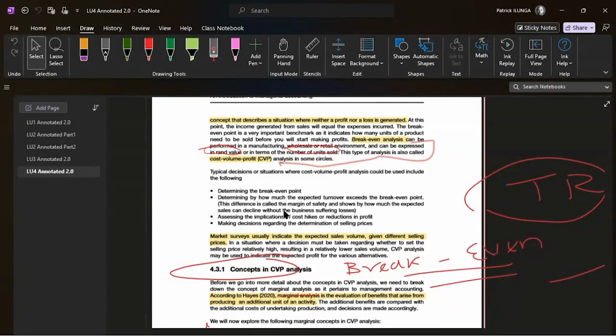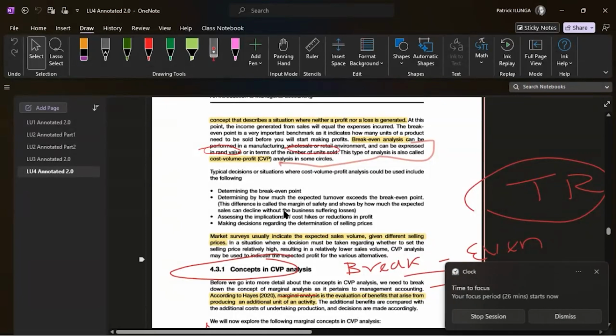All right? So the break-even analysis, I repeat again, why we are touching very much on manufacturing: because manufacturing is the most complex type of business you will see out there.